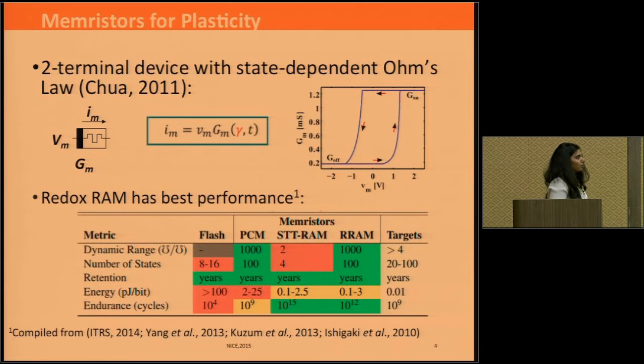You could see that in most of these cases, resistive RAM is doing really well. The energy target is 0.01 picojoules per bit. I think we're still not there, but with advanced processing technologies, we'll be there pretty soon.